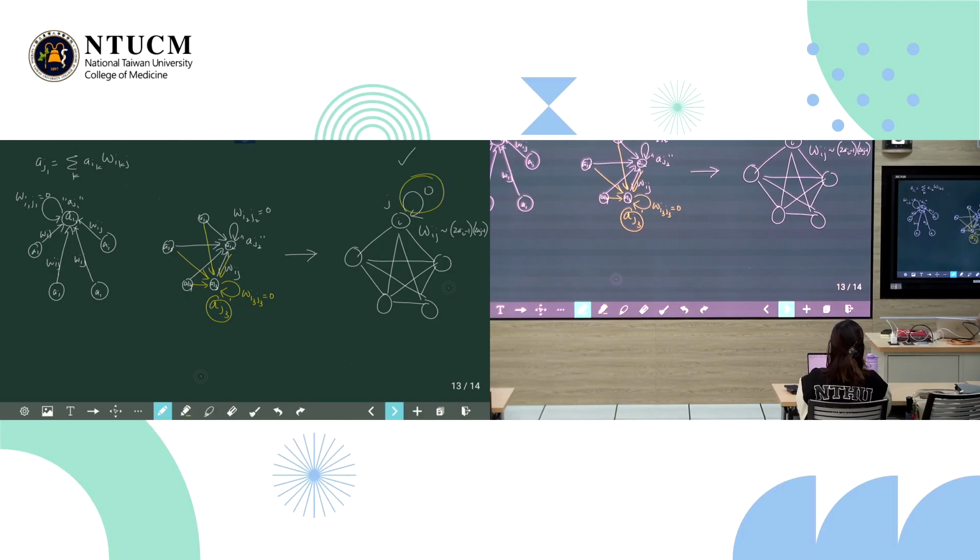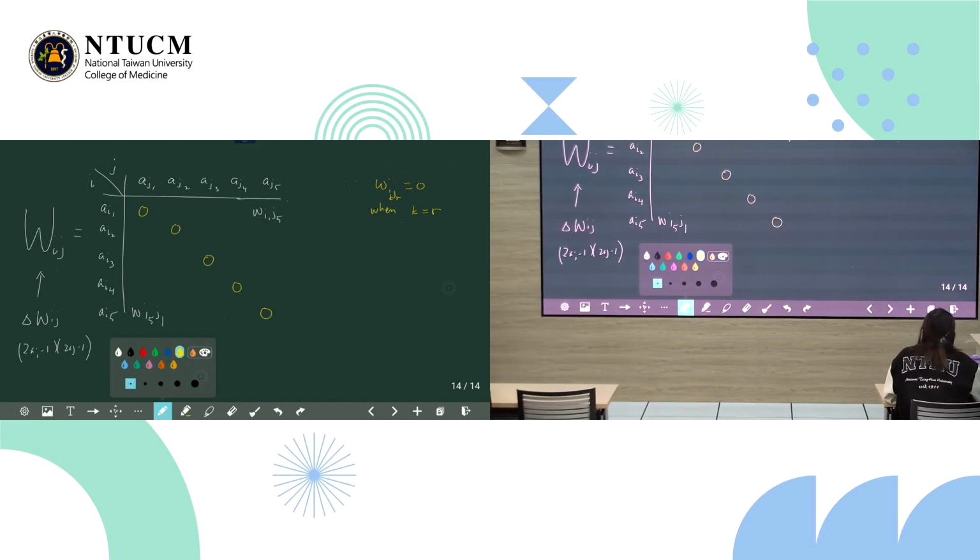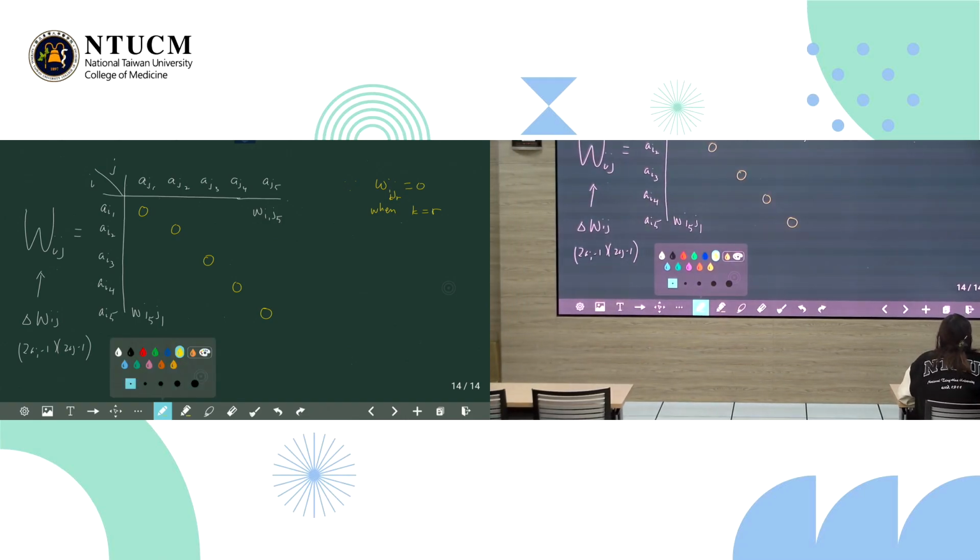And anything else would follow the equation, so that the W's will be updated according to some function of 2ai minus 1, 2aj minus 1.